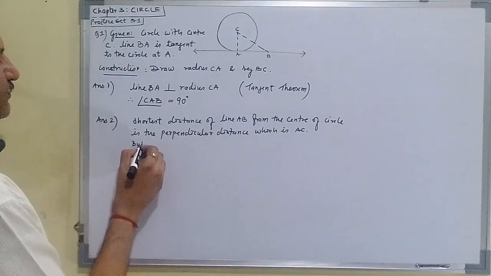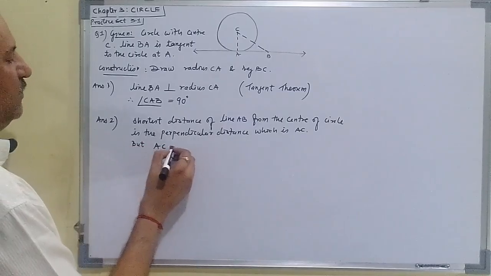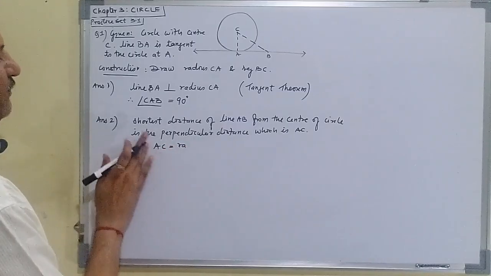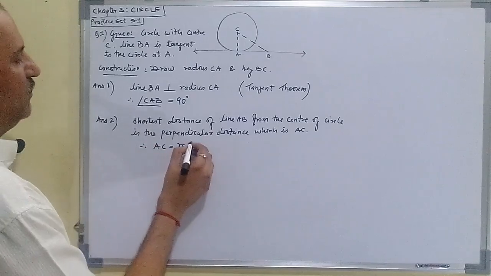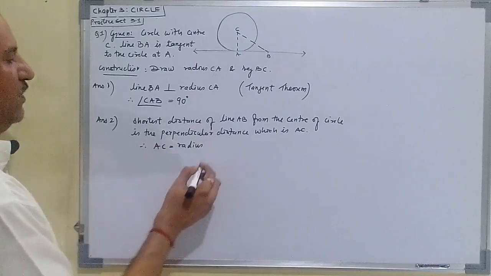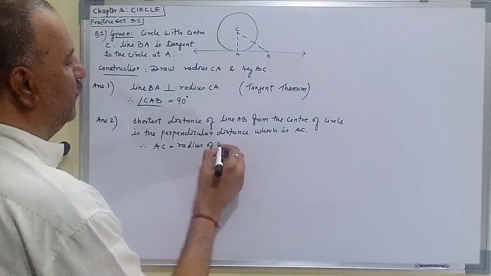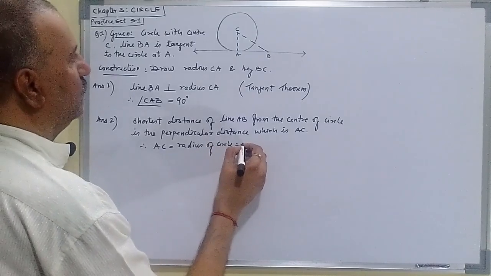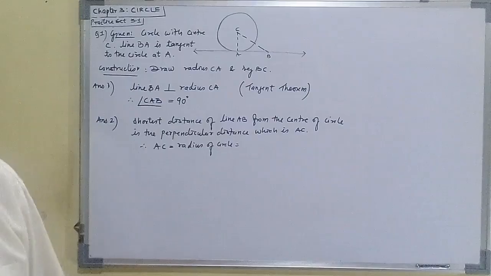But therefore AC equal to the radius of the circle equal to, कितना दिया हमने radius of circle? 6 centimeters.